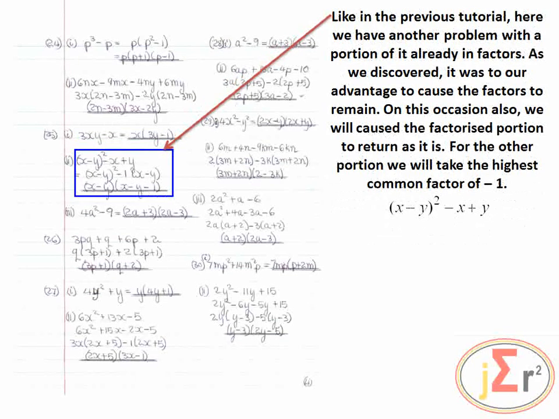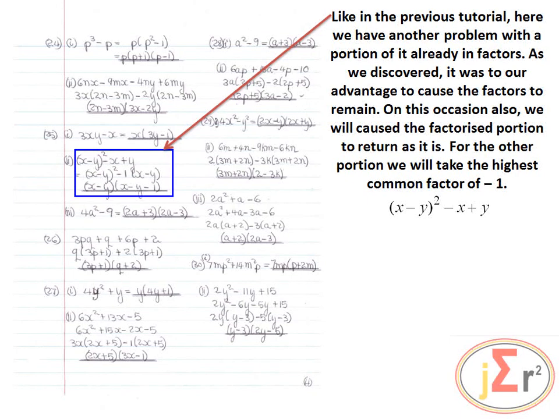Like in the previous tutorial, here we have another problem with a portion of it already in factors. As we discovered, it was to our advantage to cause the factors to remain. On this occasion also, we will cause the factorized portion to return as it is.